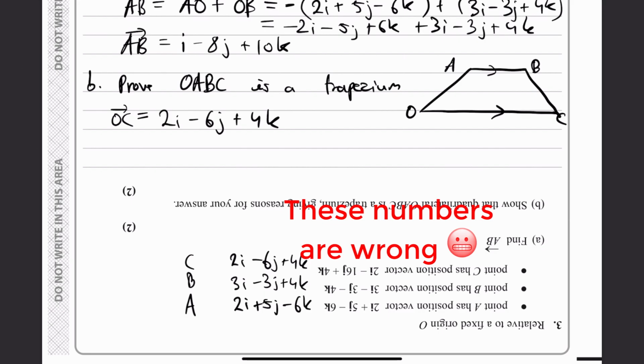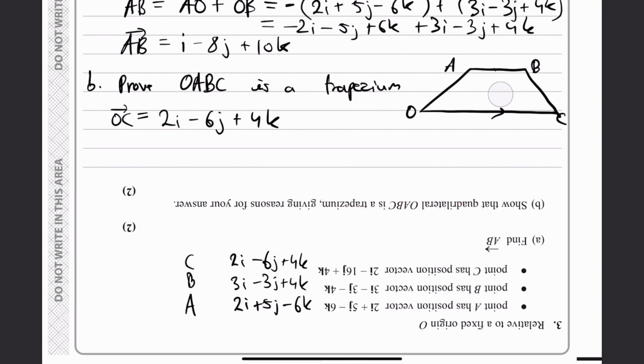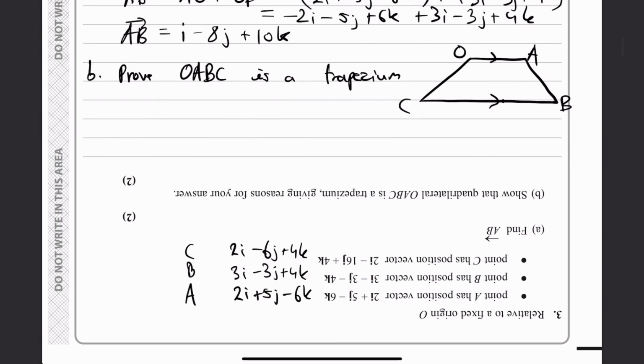It appears to me those are not parallel, but maybe there's another possibility. If we relabel the points and start here, I think if we can prove OA is parallel to BC, then because OC is clearly not parallel to AB, we've got to work out a different way.